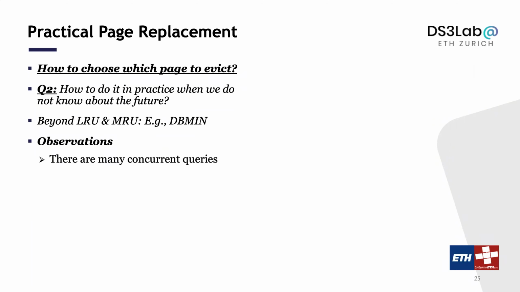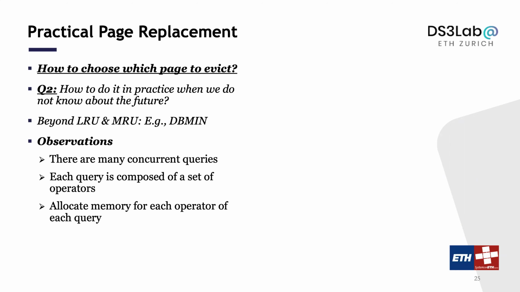So the observation is inside database, you may have many concurrent queries, right? For example, you are running a database for the bank, so at the same time, there are multiple people withdrawing money, right? So you have many of those concurrent queries. Each query is composed of a set of operations, right?